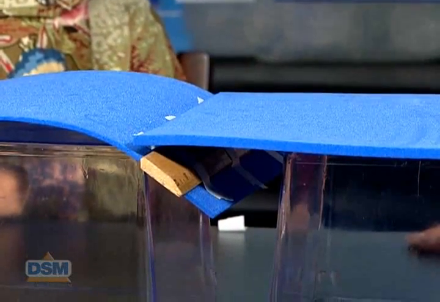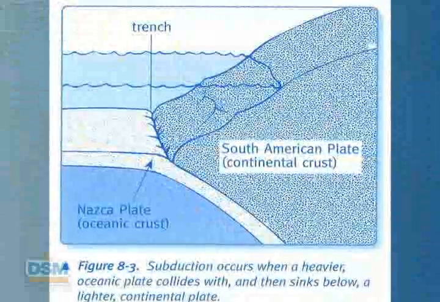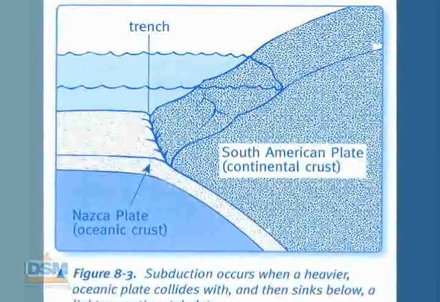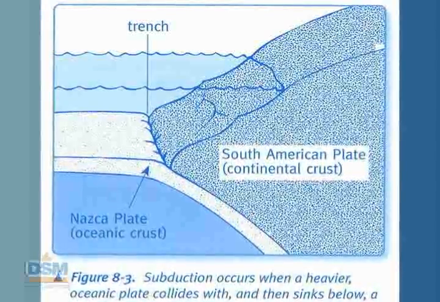As you were explaining subduction to the students, you may want to use diagram 8.3 in your teacher's manual. Lead the students to a further understanding of subduction by asking a series of questions about what the crustal plates are made of. What is directly under the crust? What do they think will happen to the rock at the edge of an oceanic plate when it collides with a continental plate?